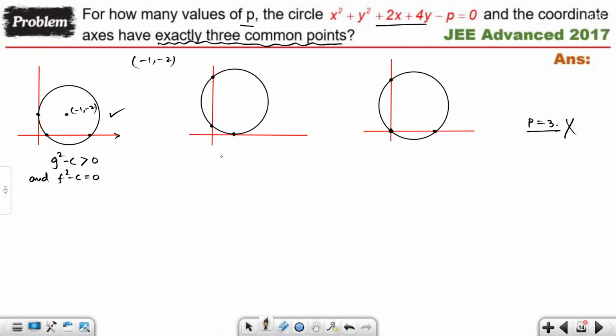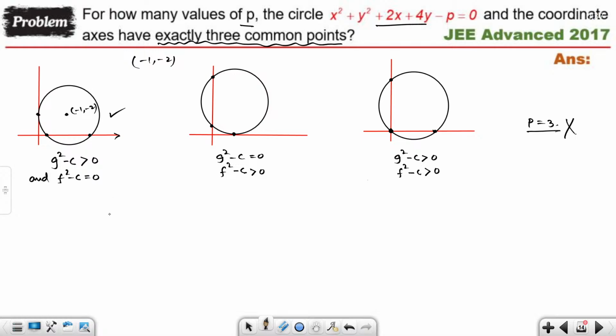In the second case, g square minus c is equal to 0 and f square minus c is greater than 0. And for the third case, g square minus c is greater than 0, and at the same time f square minus c is also greater than 0, as it is intersecting the x as well as the y axis.